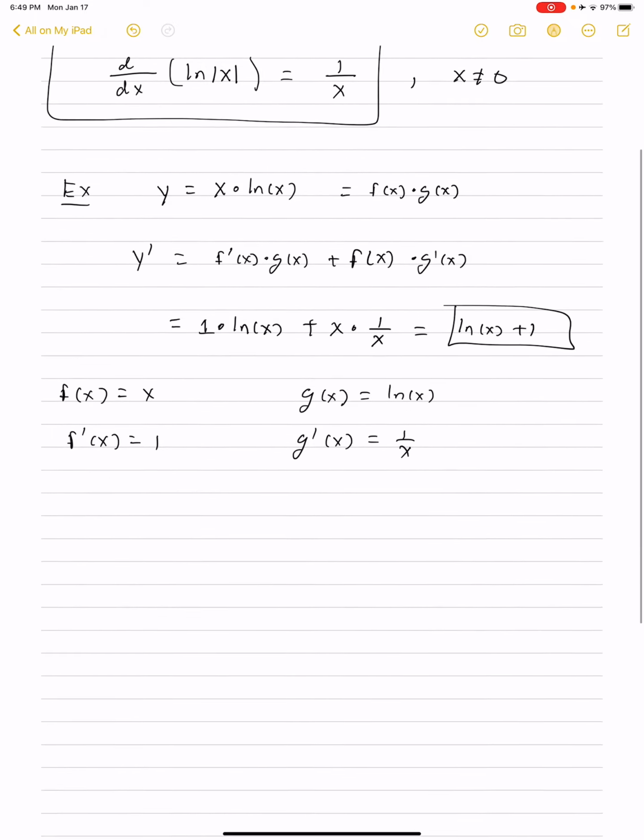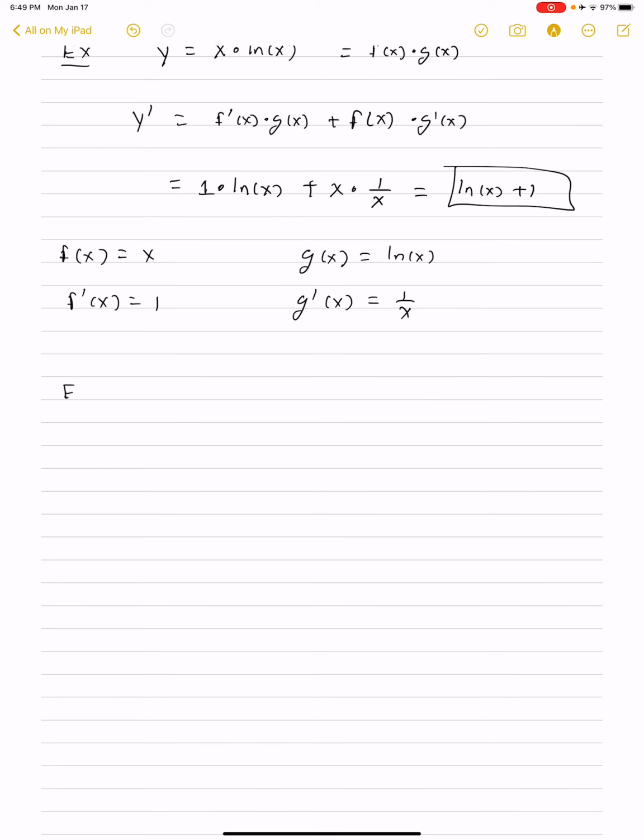Let's work another quick example here. Suppose y is equal to sine of e to the x plus ln of x. Well, in this case, this is going to be a composite. This is f of g of x. So to find y prime is just going to be f prime of g of x times g prime of x.